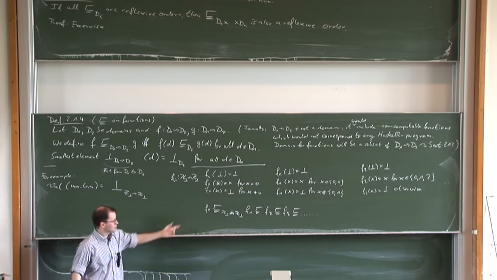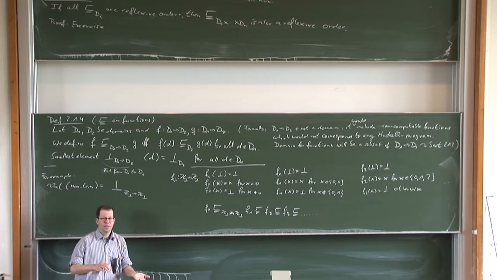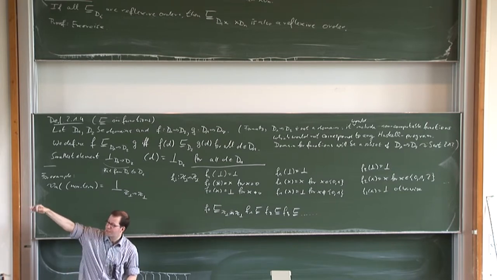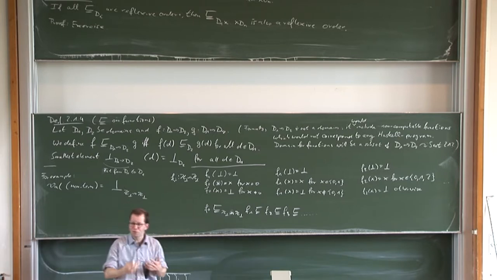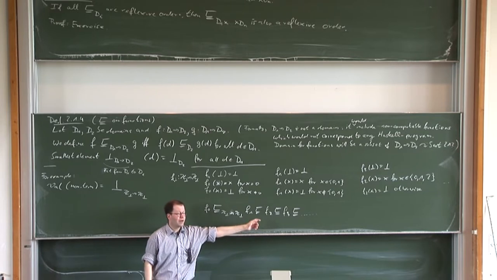So now you see that this relation becomes more and more interesting. It's not just that we have things that are undefined and things that are defined, or that after 2 steps we have everything defined. Now we have things that get more and more defined, and it takes infinitely long.